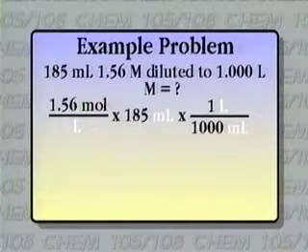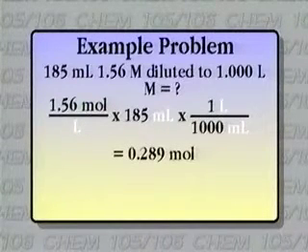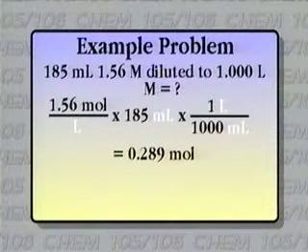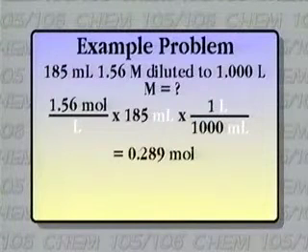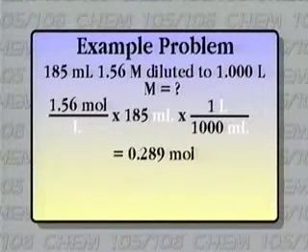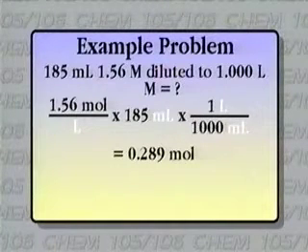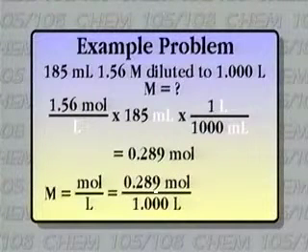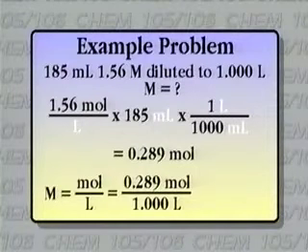And we would have then, let's see, 1.56 times 0.185. And we have 0.289 moles. What we wanted to calculate was the final molarity. We know that molarity is moles over liters. And we have how many moles? 0.289 moles.